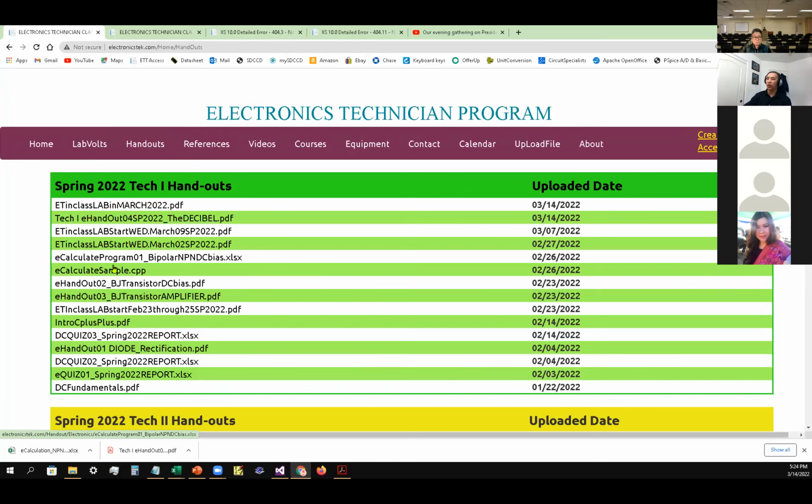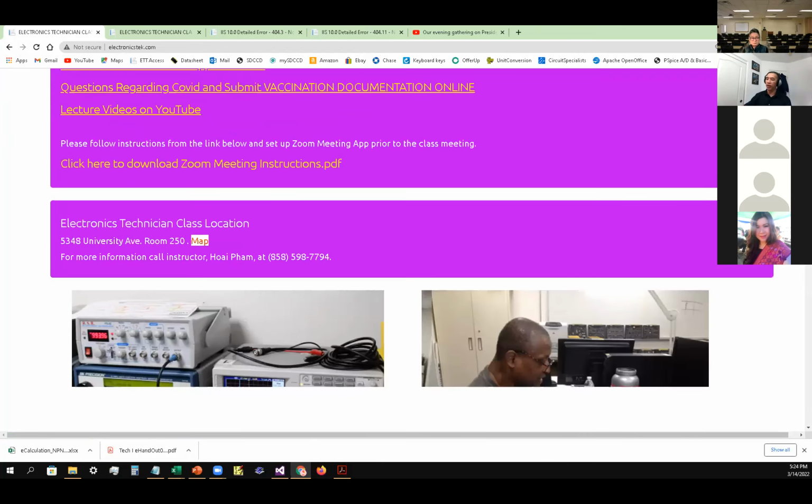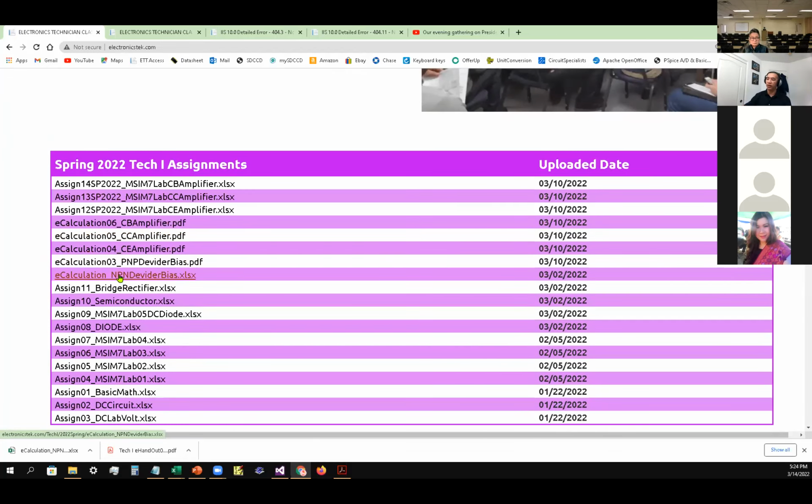For Tech 1, you can use the handout called the sample program right here, and use this as your template for writing your code. Do this bipolar one first and practice that before you attempt the one on the assignment from the classroom, which is these here.